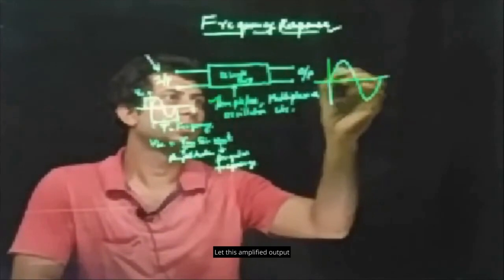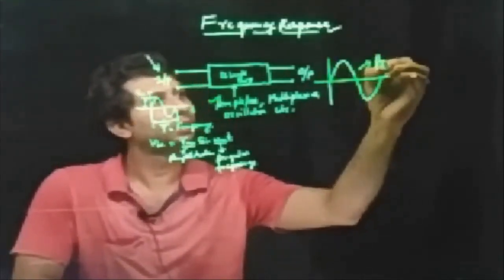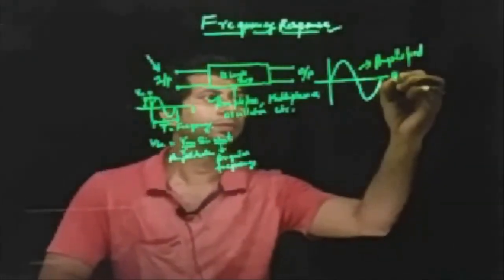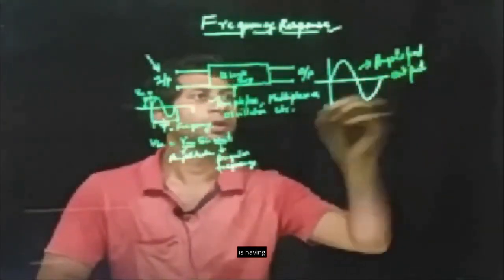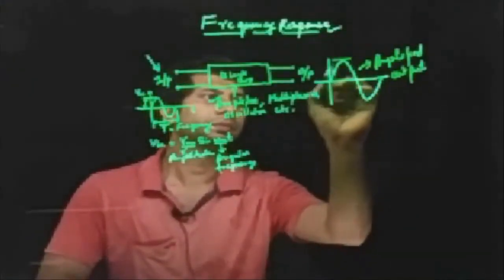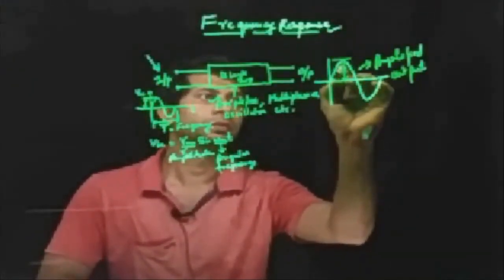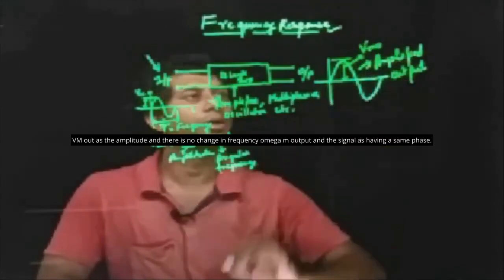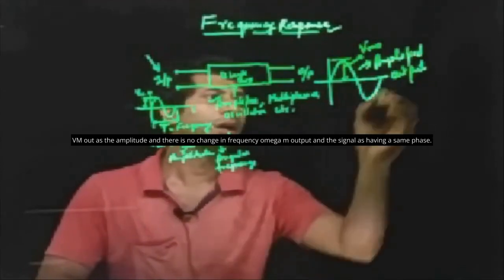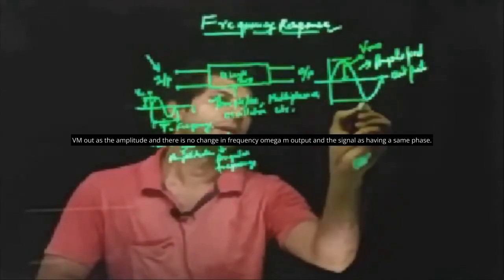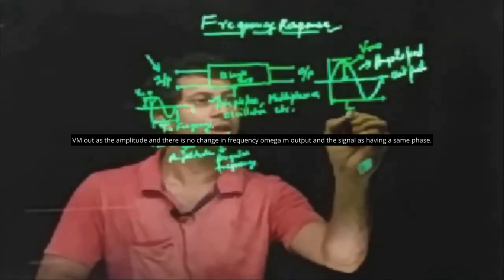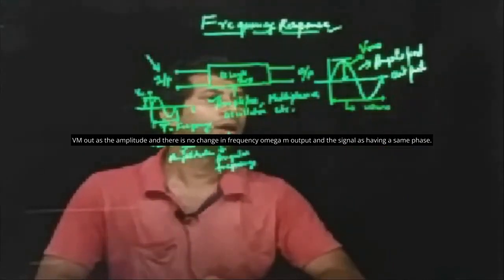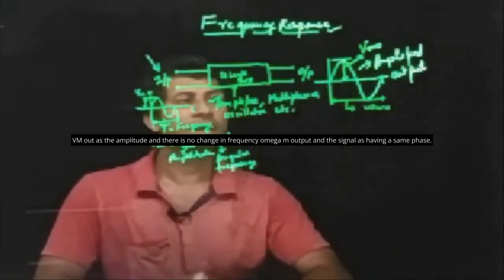Let this amplified output have Vmo as the amplitude, and there is no change in frequency, omega m output, and the signal has the same phase.